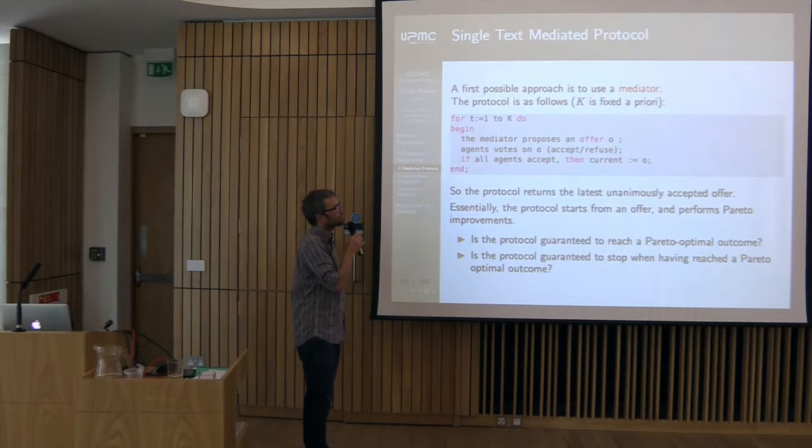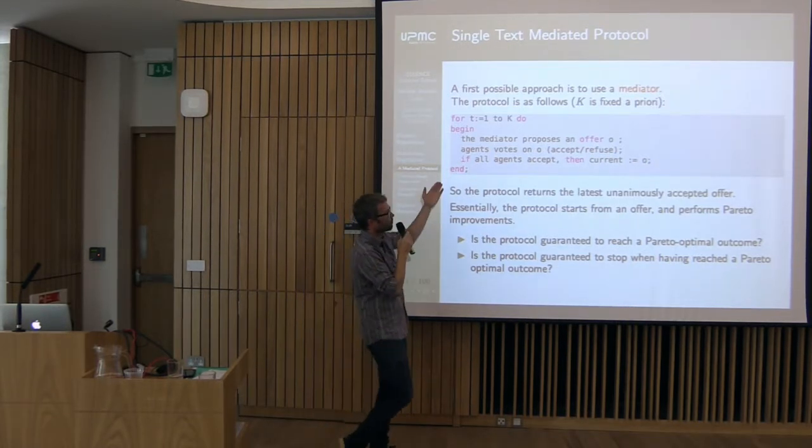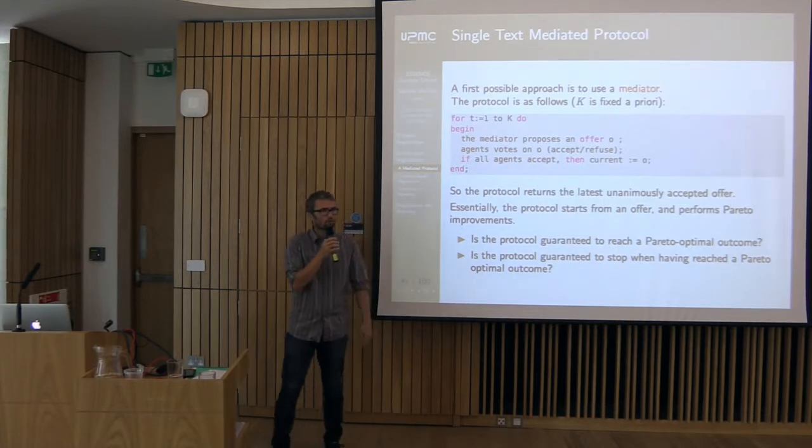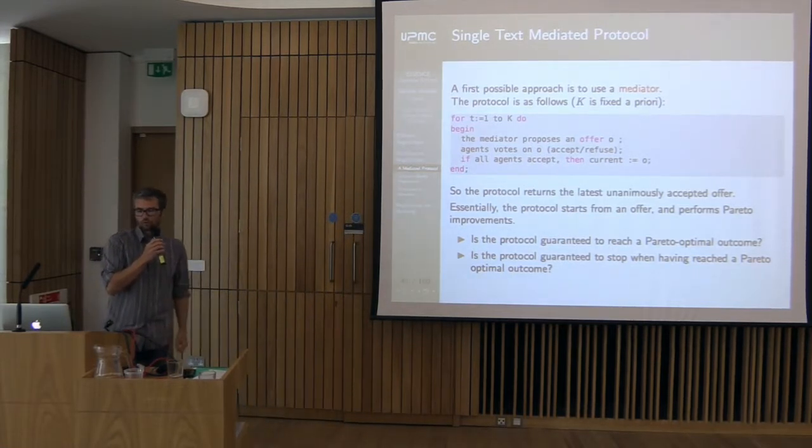Suppose you have some k value fixed a priori, then you have a simple loop where the mediator would propose an offer, O, and then agents could vote on O, either accept or refuse.